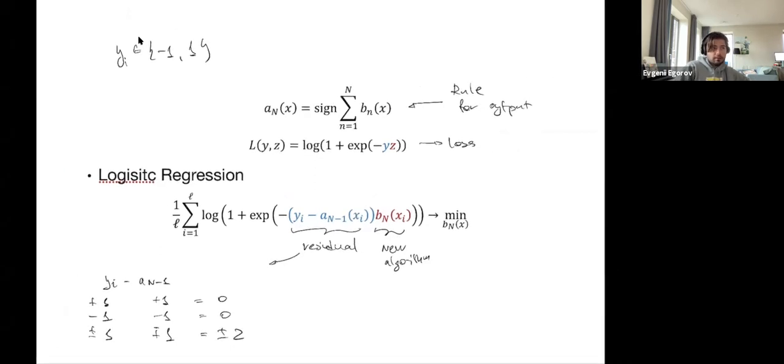This is already a bit confusing, because this will be our new target: 0 and plus minus 2. And our algorithm should output something which is valued minus 1 and 1.